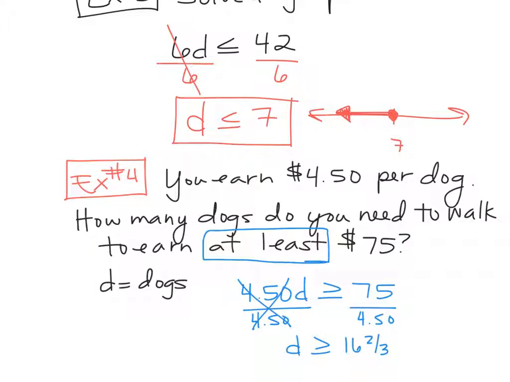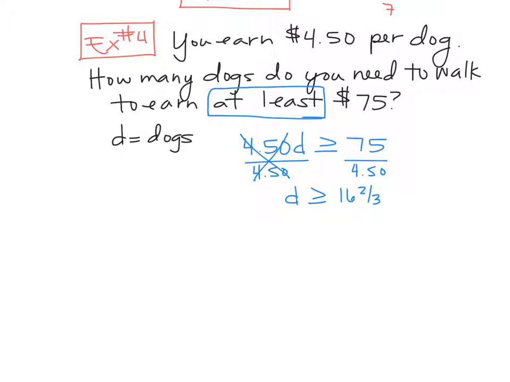No. Even if it was 16.1, you can't do 16. You're not making enough. You have to do a bit more than 16, so you round up to 17, even though technically that's not how you'd round. So you need to walk 17 dogs.